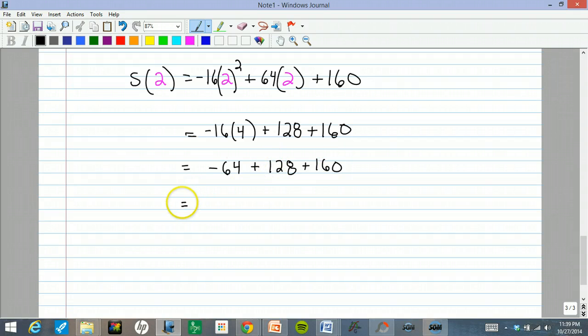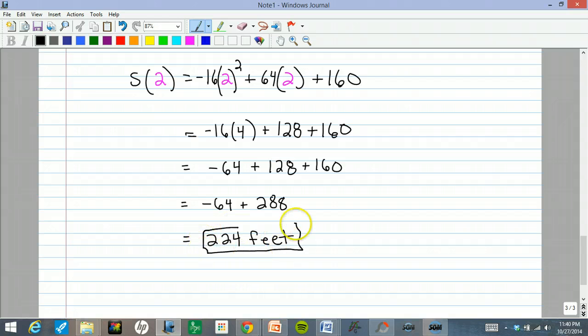This is negative 64 plus 288. So 288 take away 60 is 228, take away 4 more is 224.